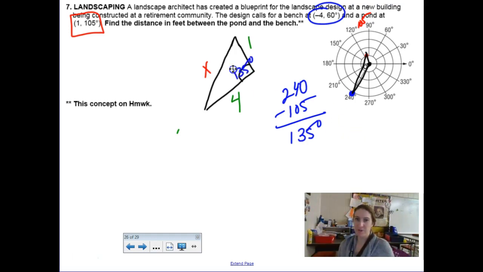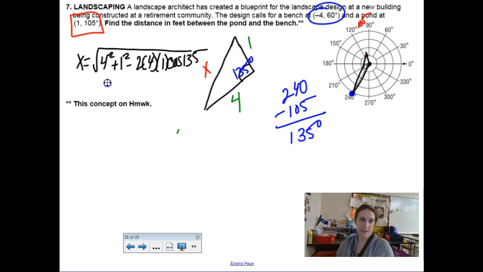Okay. And now we're going to set up law of cosines, where x is going to be the square root of 4 squared plus 1 squared minus 2 times 4 times 1 times the cosine of 135. I'm going to use that answer from the calculator, and it comes out to 4.75 feet.